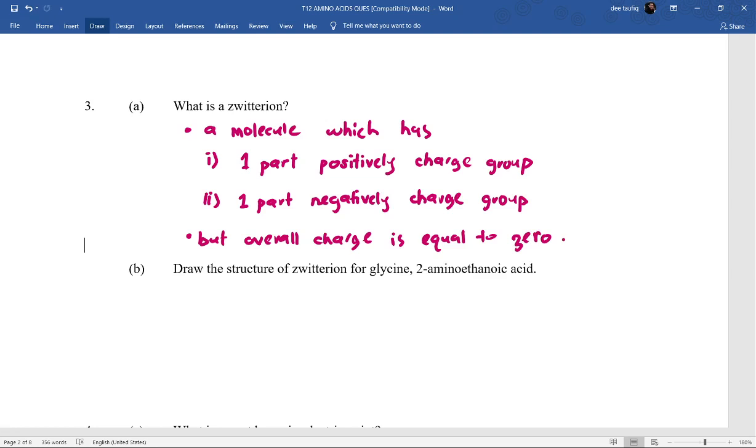Okay, so dia ada satu part positif lagi satu part negative charge, so plus minus cancel each other, kita dapat overall charge equal 0. Okay, so macam mana bentuk zwitterion ni?